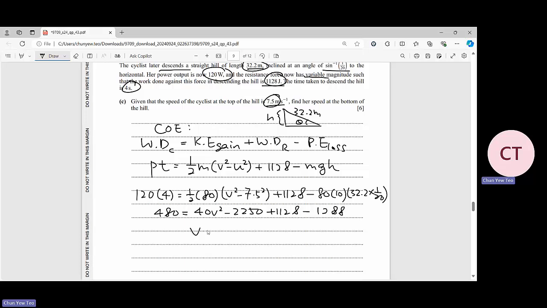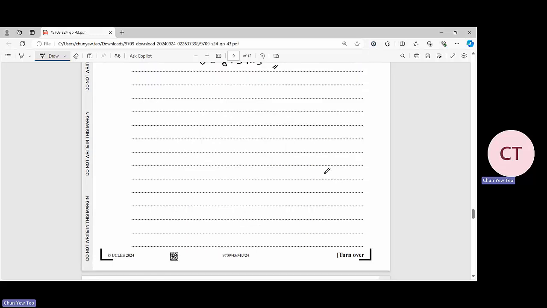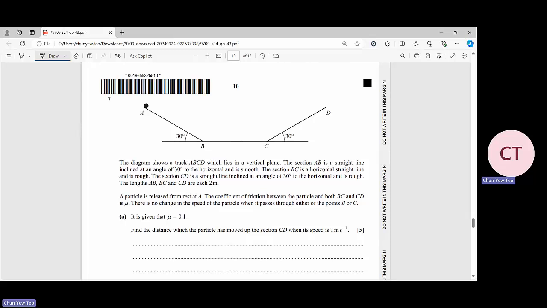So from here you can get your V is equal to square root of 72.25, and square root it, you get 8.5 meter per second. So this will be the speed of the cyclist at the bottom of the hill. Done. That is the answer for number 6C. Moving on, we have question number 7.